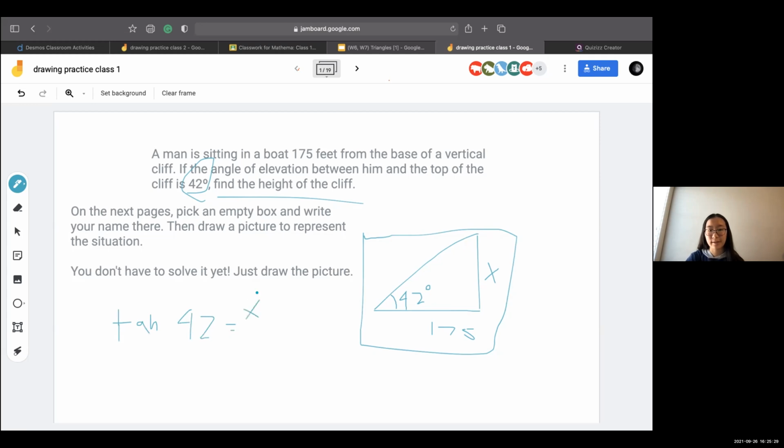So opposite is x, adjacent is 175. Then you multiply both sides by 175 to isolate x on one side, and x equals 175 times the tangent of 42. So if you want, you can type that into your calculator to figure out what the actual height of the cliff is.